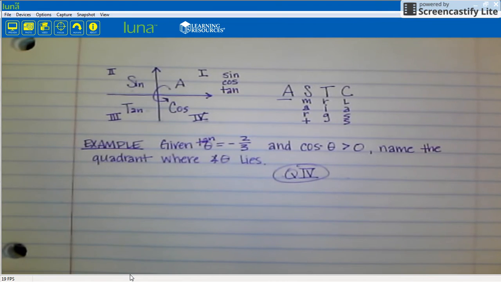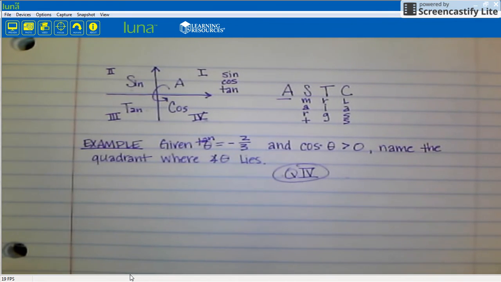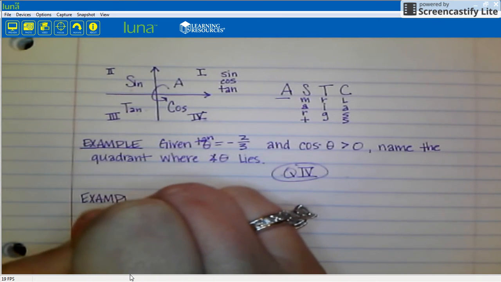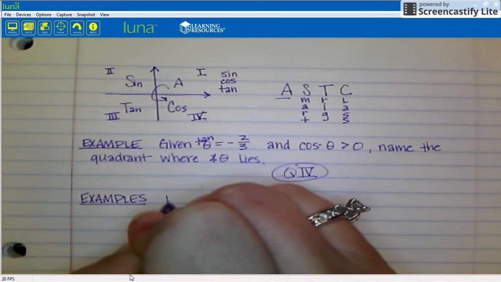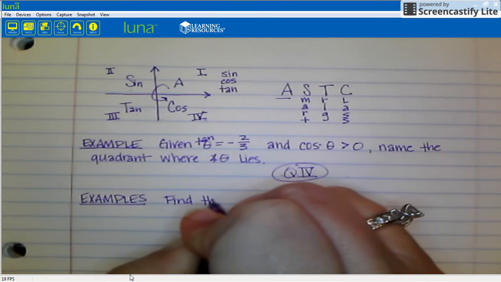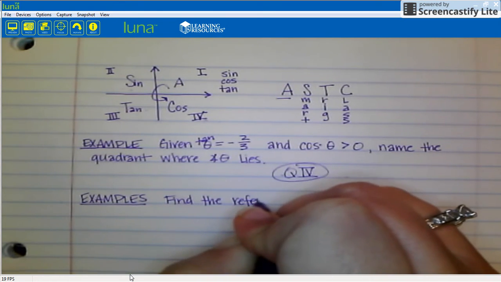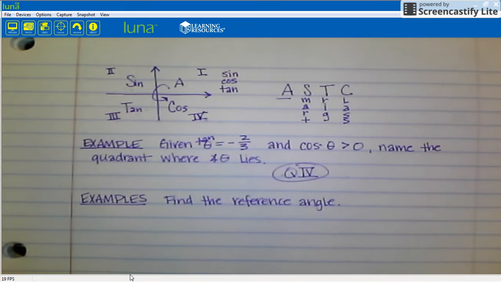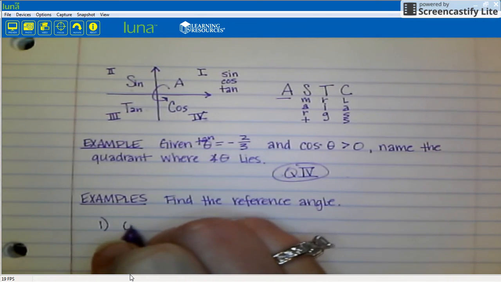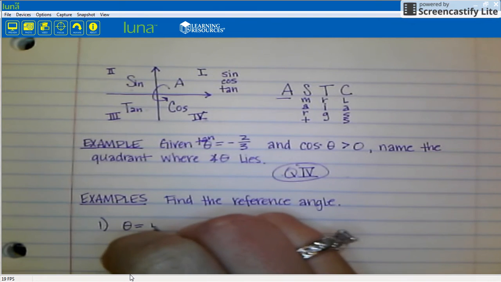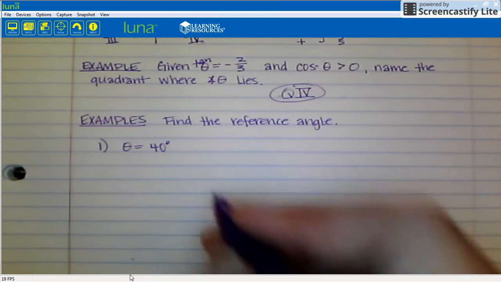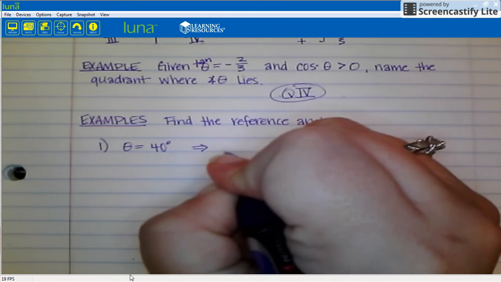Okay, and then the last thing we'll touch on a little bit is we'll do a few examples of finding reference angles. So if I tell you to find the reference angle of theta equals 40 degrees, well, if you start with an acute angle, then your reference angle is going to be the same angle.